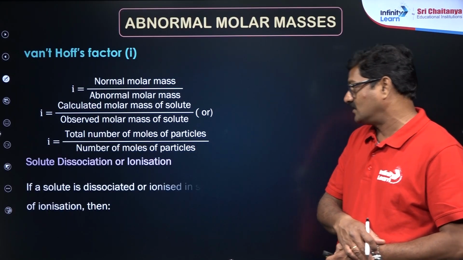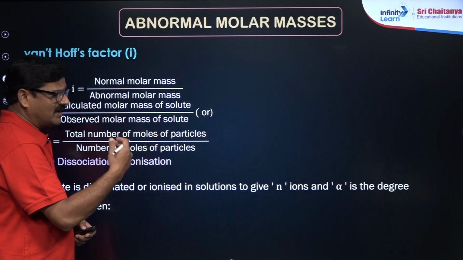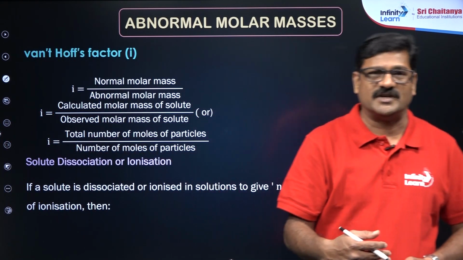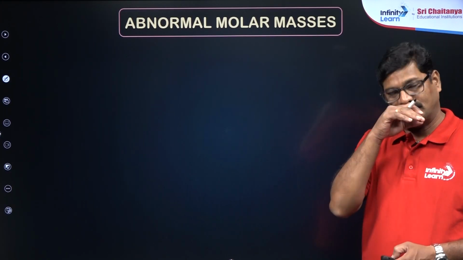What I mean to say here, if a solute is dissociated or ionized, the i value is greater than 1. If it is associated, the i value is less than 1, and if there is no association or dissociation, it is going to be 1.